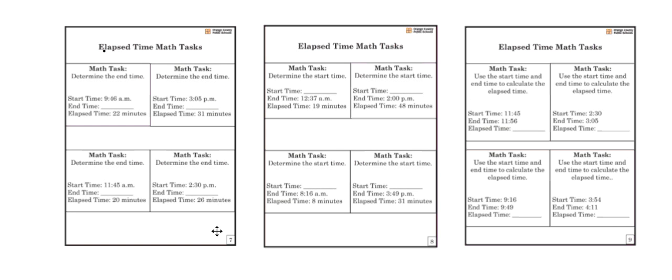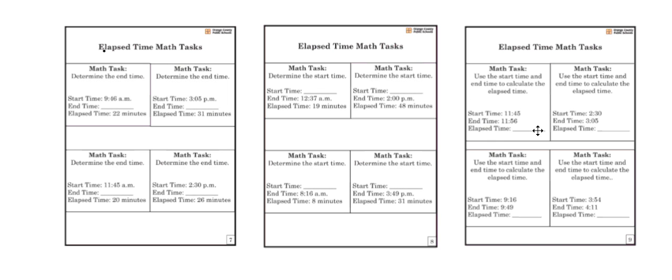Today we're going to continue working with time and we're going to be working with pages 7, 8, and 9. On page 7, you are going to be determining what is the ending time. On page 8, you are going to be telling me what was the starting time.